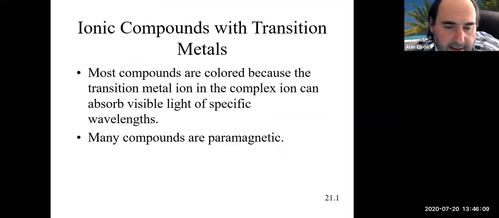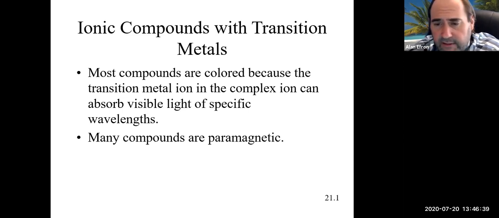Ionic compounds a lot of times will produce colored solutions. Some can be blue, some can be pink, for example. It can be some other colors as well. And it has a lot to do with the color of light that it absorbs, or the wavelength of light that it absorbs. Remember that when we see a color, to us it appears one color, but in terms of the wavelength of light that it's absorbing, it's actually the complementary color.